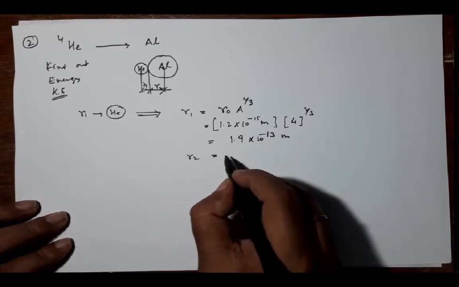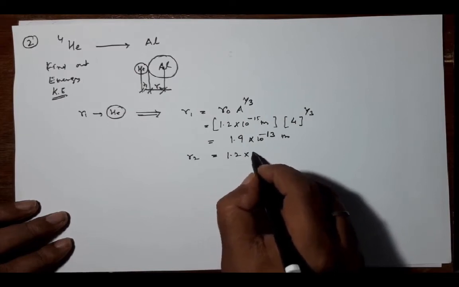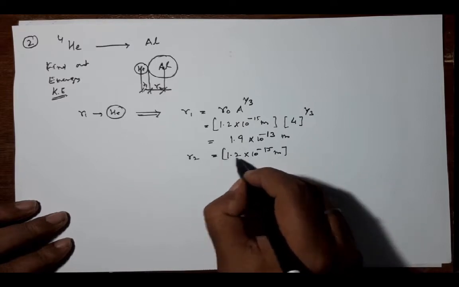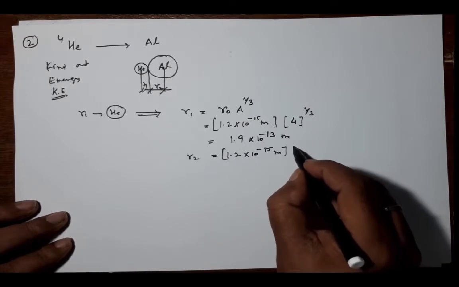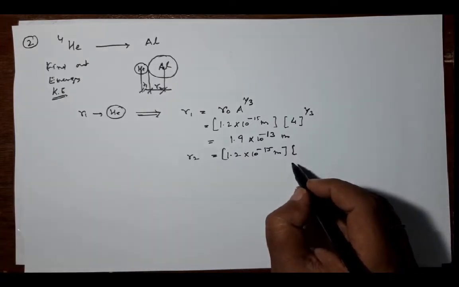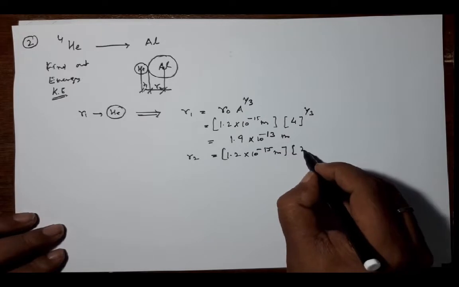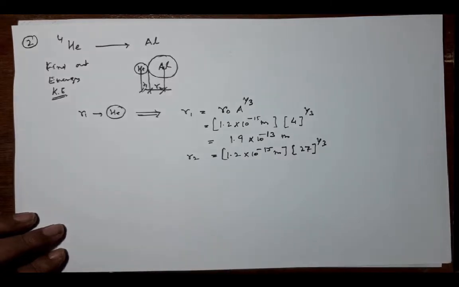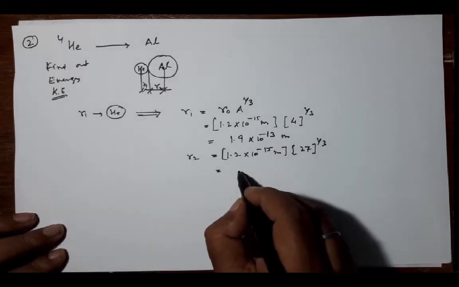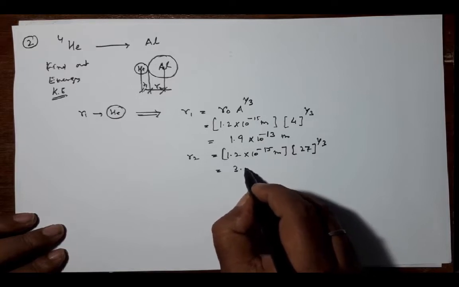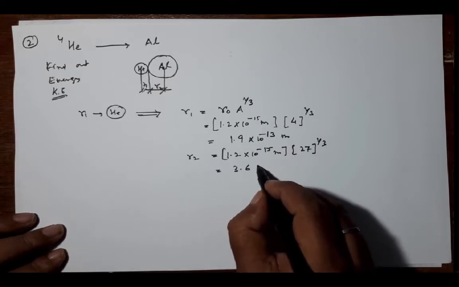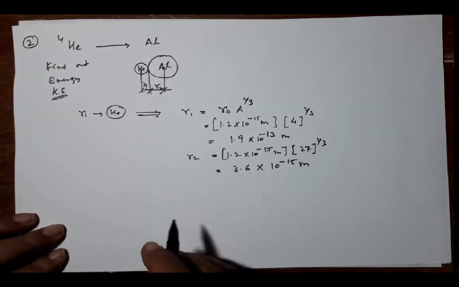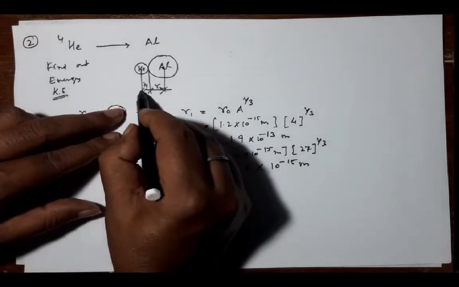Likewise, R2 is 1.2 into 10 raised to minus 15 meter into aluminum. What is the aluminum mass number? That is 27 raised to power 1 by 3. This will also come out as 3.6 into 10 raised to minus 15 meter. So, what is this distance basically?